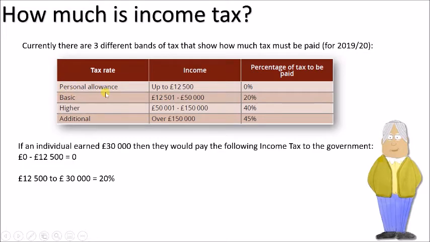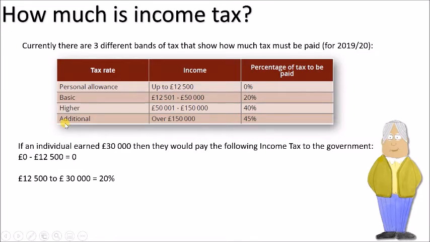Personal tax allowance, up to $12,500 can be earned, and that will be 0% paid in income tax. The basic tax rate, that is anyone earning between £12,501 and up to £50,000, then they pay 20% of tax from their income. The higher tax band is where someone earns between £50,001 and £150,000, and they pay 40% of their income in tax.